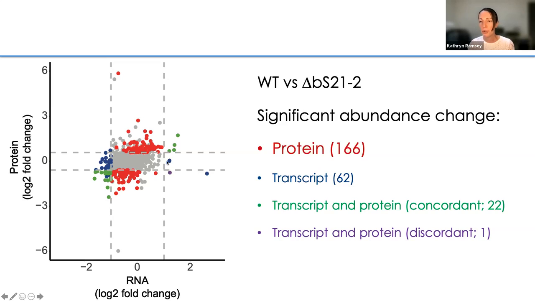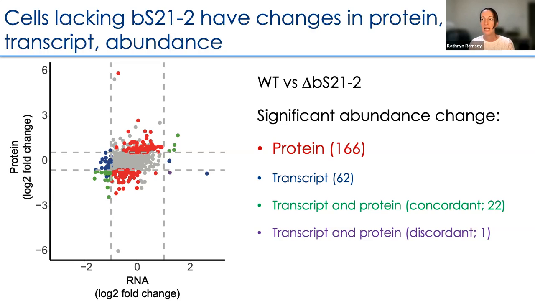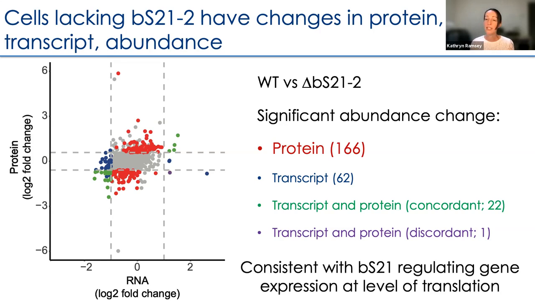And you can see the majority of changes in these cells are at the level of protein abundance. So 166 genes have changes in protein abundance that cannot be explained by changes in transcript abundance, right? And so this is consistent with the idea that BS21 is controlling gene expression at the level of translation and not at the level of transcription.